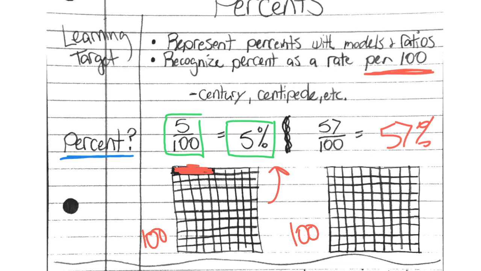If I know that half of 100 is 50, instead of counting each of these squares and shading them one, two, like that, I know that if I shade 5 rows, 1, 2, 3, 4, 5, and I shade from this line over, if I shade this entire half, I've shaded 50. So I can make this faster and be smarter about it. Instead of just counting 57 little squares, I'm going to shade half of my grid, which is 50.